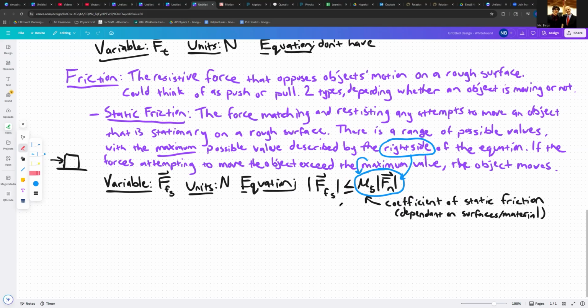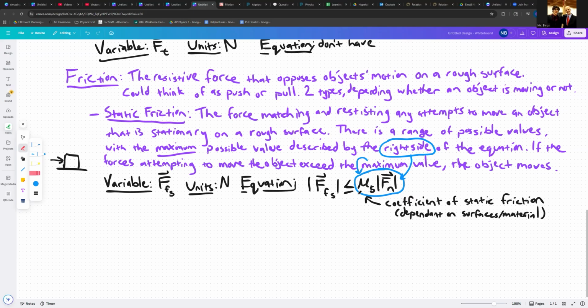So, to summarize. Static friction is a tricky one. When an object is stationary on a rough surface, any force or forces trying to move it will get matched by the force of static friction, provided that static friction is able to match them. So you got to check with the equation: we plug in, what's the mu value, what's the normal force? Okay, I found the right side here.